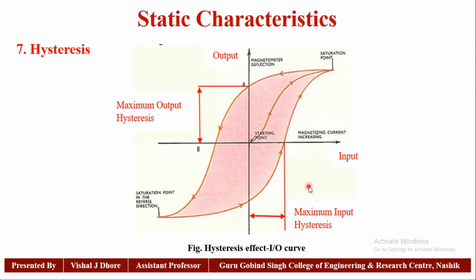The difference between these two output values is called hysteresis. This is the maximum input hysteresis and this is the maximum output hysteresis. If you take the difference of the two values, the magnitude of this difference is known as hysteresis.